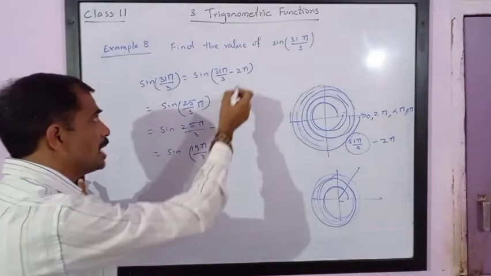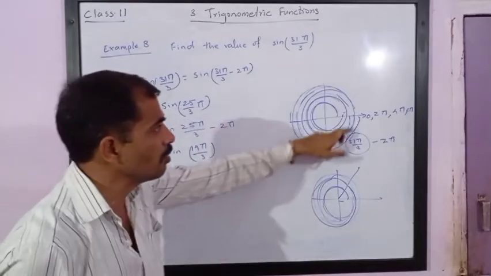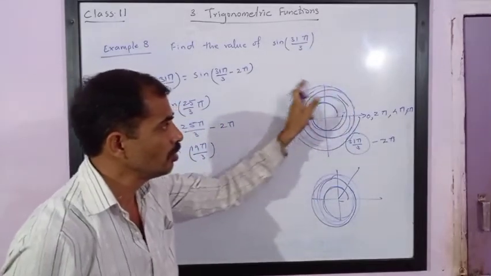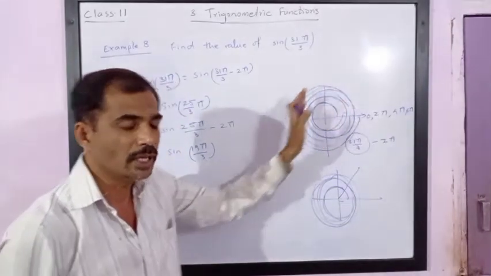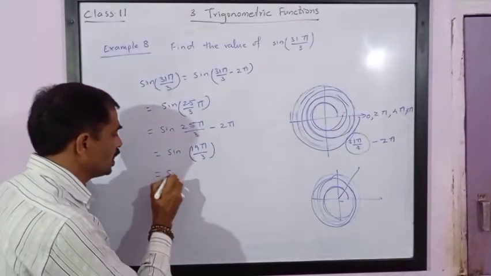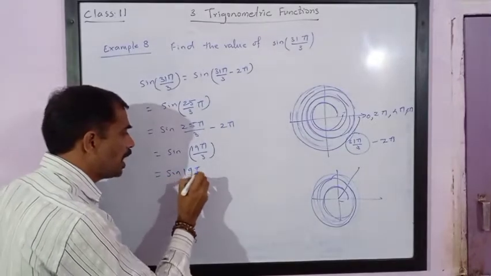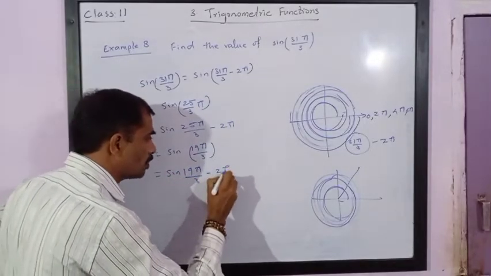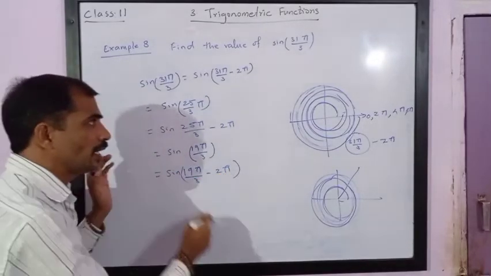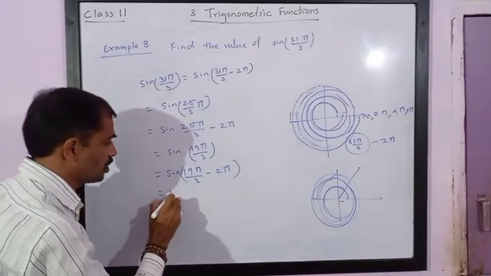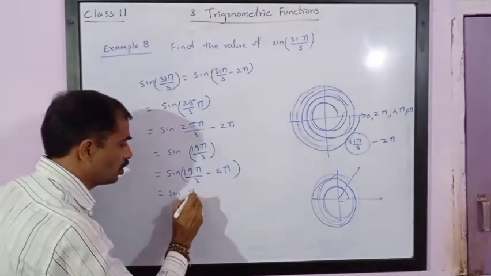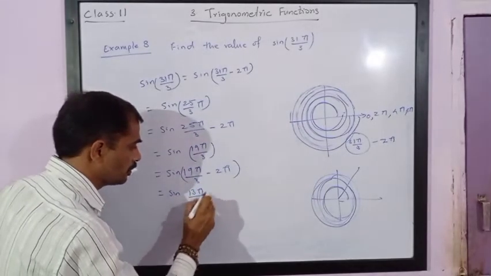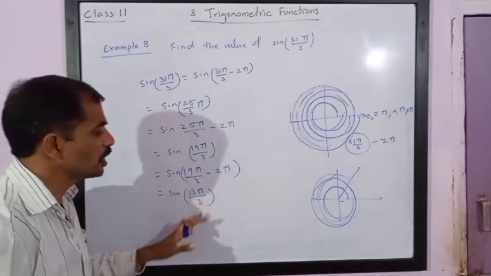Now please note, by subtracting 2π, we are moving exactly one revolution, one rotation, coming back to the same position. Next, this is equal to sine of 19π/3 minus 2π. Again we are subtracting one rotation back, so we get again 6π, that is equal to sine of 13π/3.